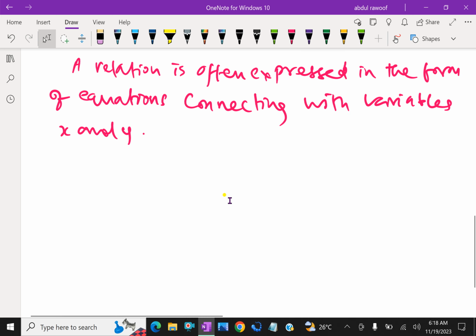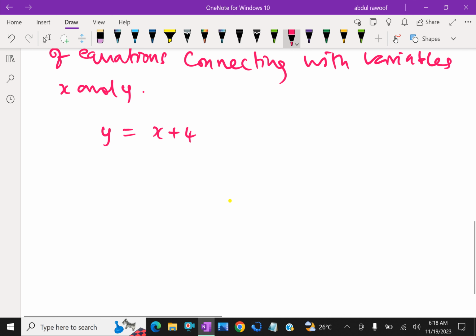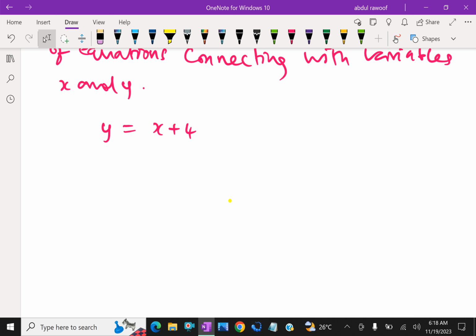Now, for example, y is related to x as y equals x plus 4. Here we make ordered pairs. Suppose x equals 0, then y equals 0 plus 4, which is 4. X equals 1, y is 1 plus 4, which is 5.